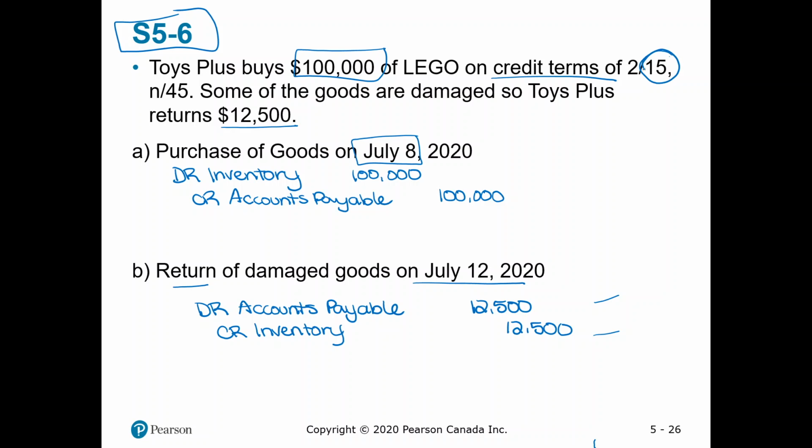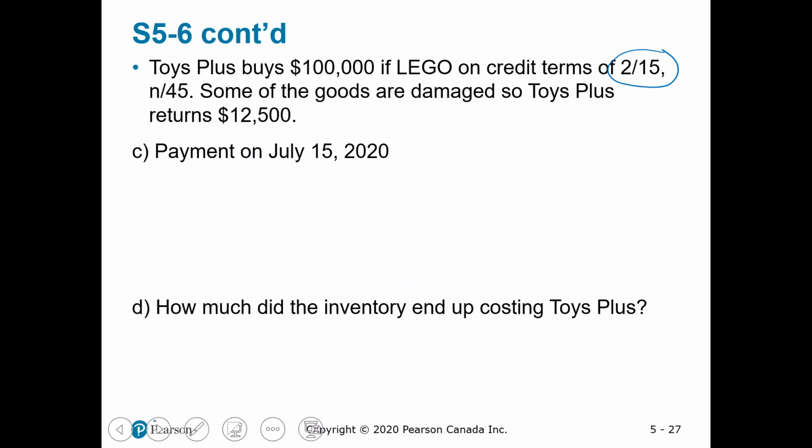So a 2% discount available if we pay within 15 days. So 15 plus 8 is 23. So we had until the 24th, I guess, because it would be from this discount date. So we're paying on the 15th, which is only 7 days later. So yes, we are in fact paying within this 15-day discount period. So we will receive a discount on this.